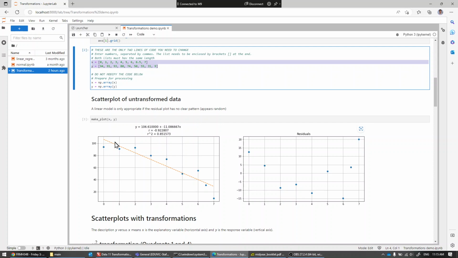It looks curved. You sort of got a concentration of negative residuals in the middle and positive residuals on the sides. So this is an indication that if you just do a linear model, maybe it's not going to work so well.